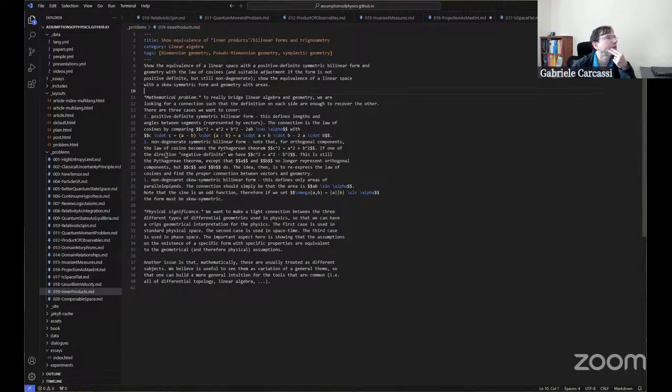This is for relativity. This is still the Pythagorean theorem, except that a and b no longer represent orthogonal components. So the idea is that you express the law of cosine and find the proper connection between vectors and geometry.